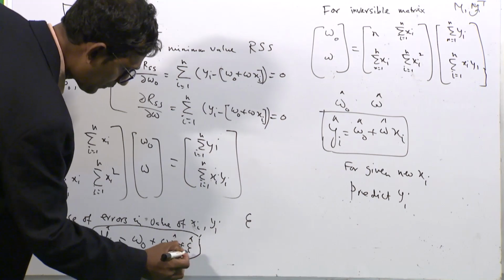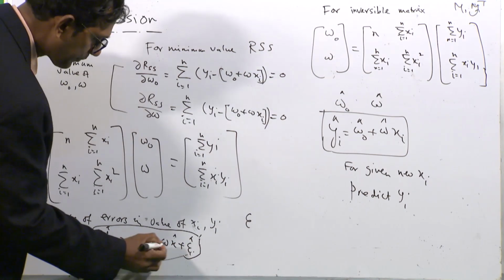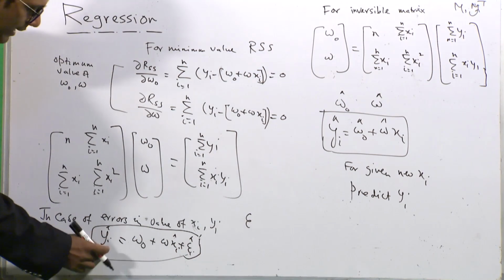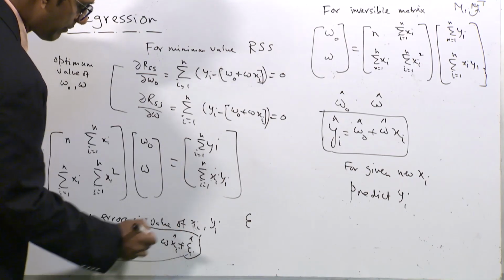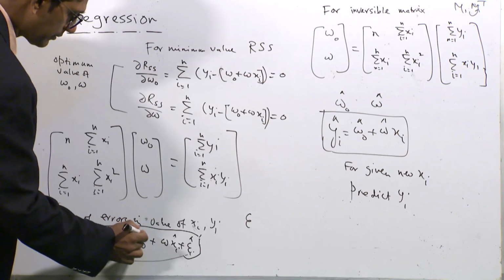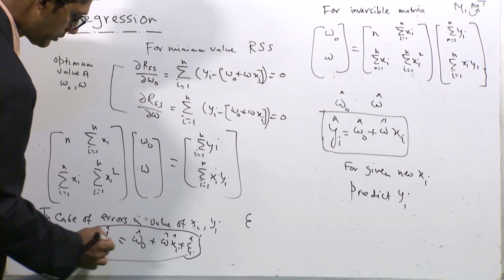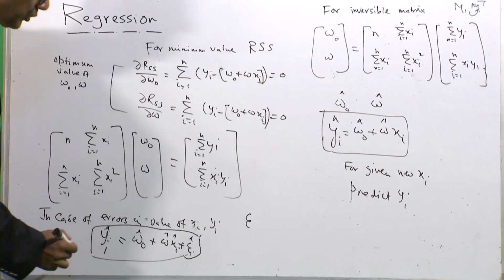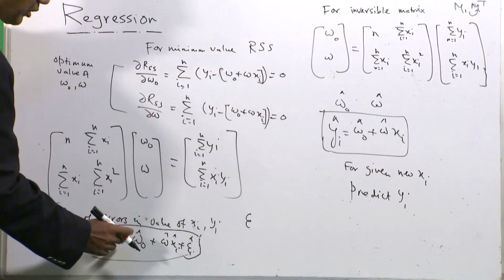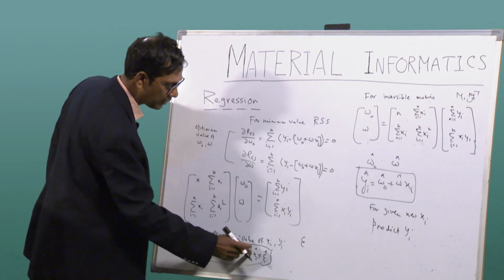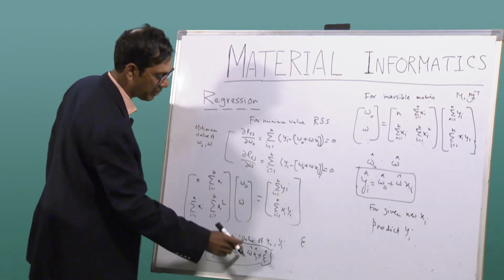This will also be epsilon i, okay, this xi. So, yi equal to w0 hat plus w hat xi plus epsilon i, where w0 hat is the average value, or the best possible value of w0, and w hat is the best possible value of w.